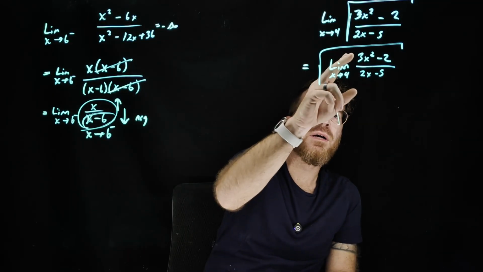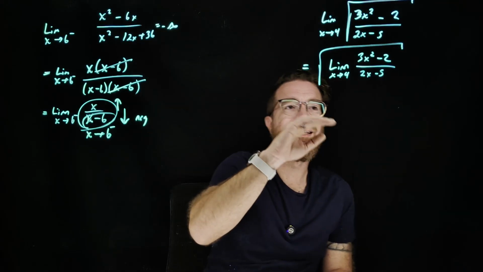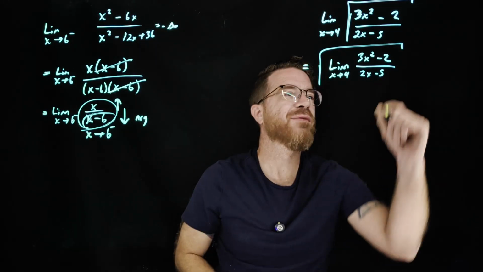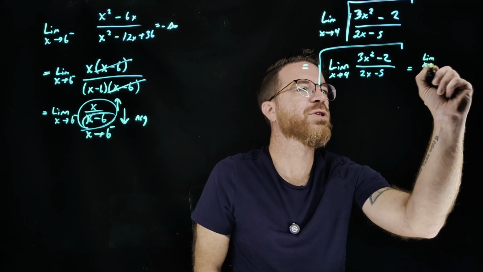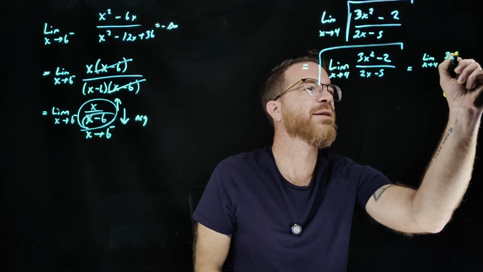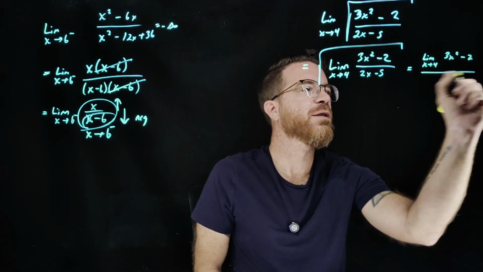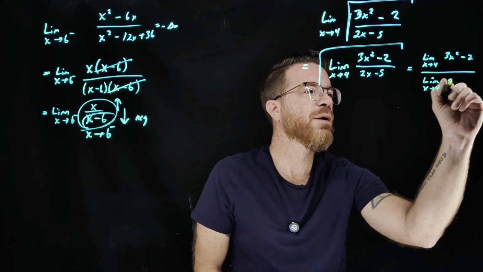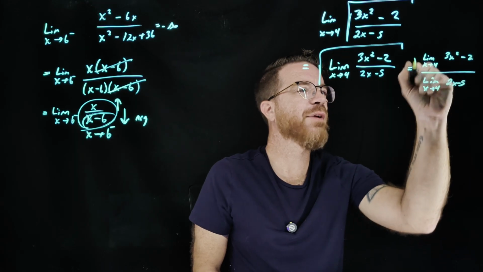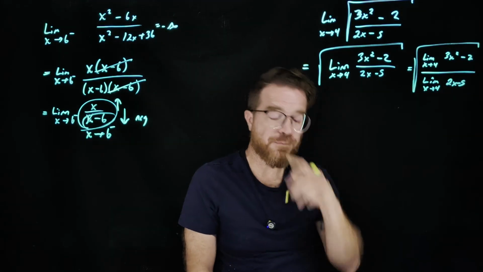I have the limit of a fraction, so I'm going to take the limit of the numerator divided by the limit of the denominator. So this is going to be the limit as x approaches 4 of 3x squared minus 2, divided by the limit as x approaches 4 of 2x minus 5. And of course, I still have this all under the square root.